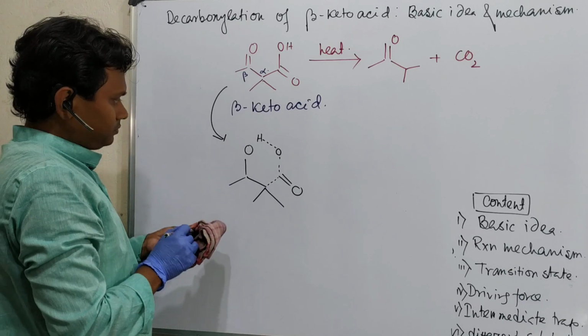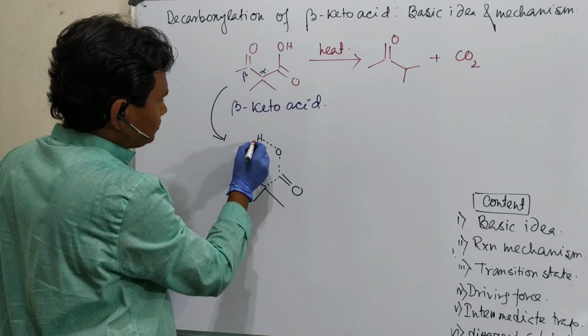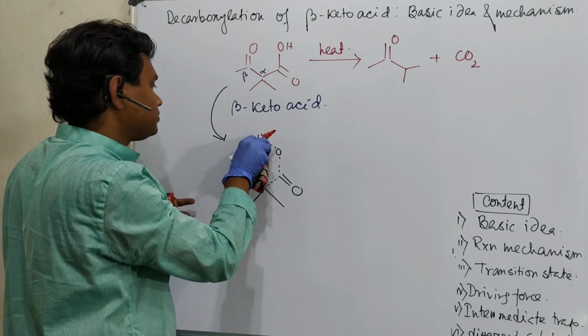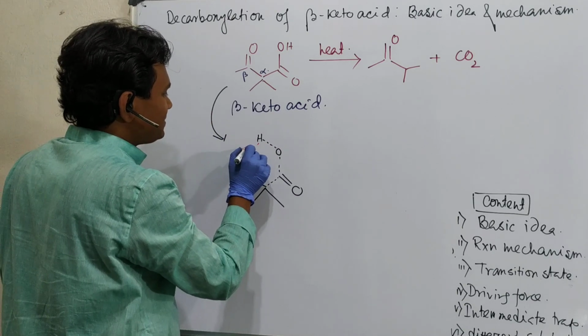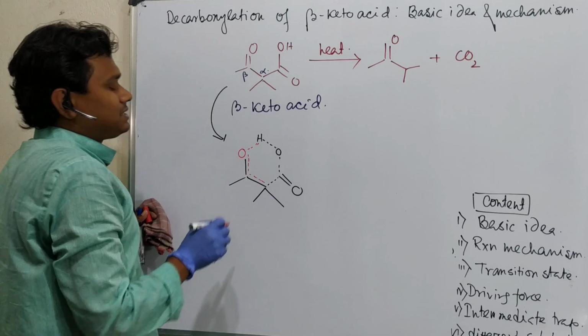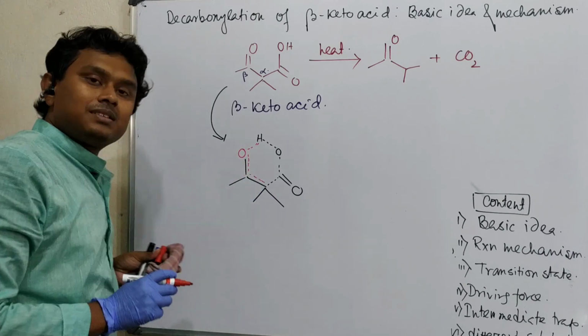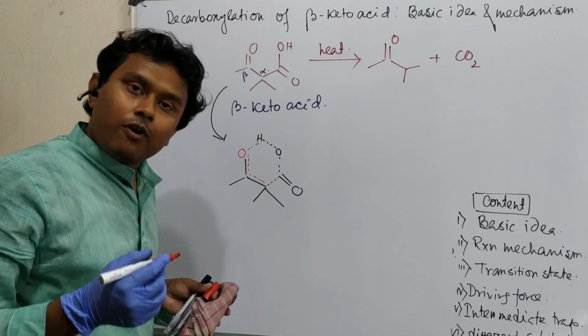Okay, so this is very difficult, or sometimes it becomes difficult because we make mistakes. See, this dotted line indicates that a bond is formed or broken.